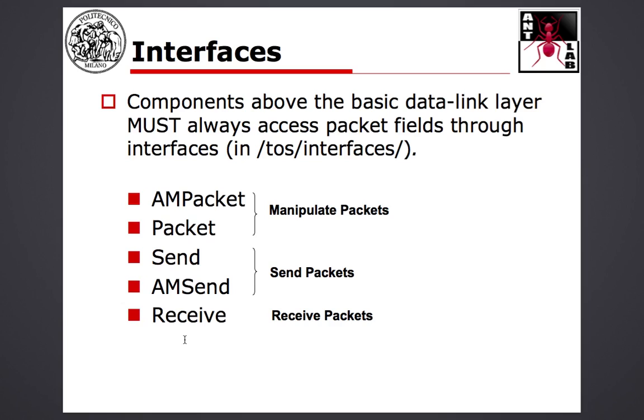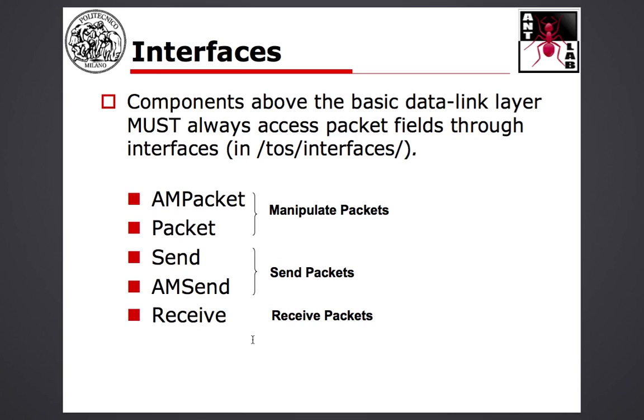In terms of the interfaces and components used for message transmission and reception, we generally use these 5 listed here. AM, which stands for active message, is used to manipulate packets, so setting fields, setting the source and destination address, and so on. Then we use the AMSend interface for transmitting packets, requesting the operating system to transmit a packet for us.